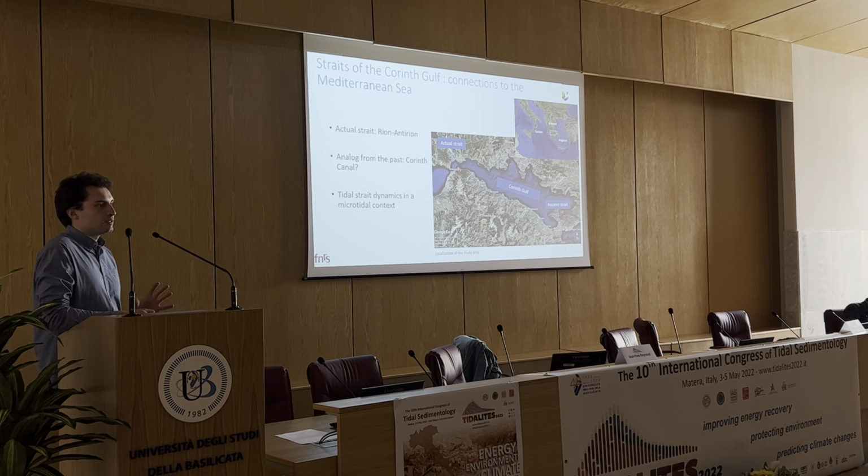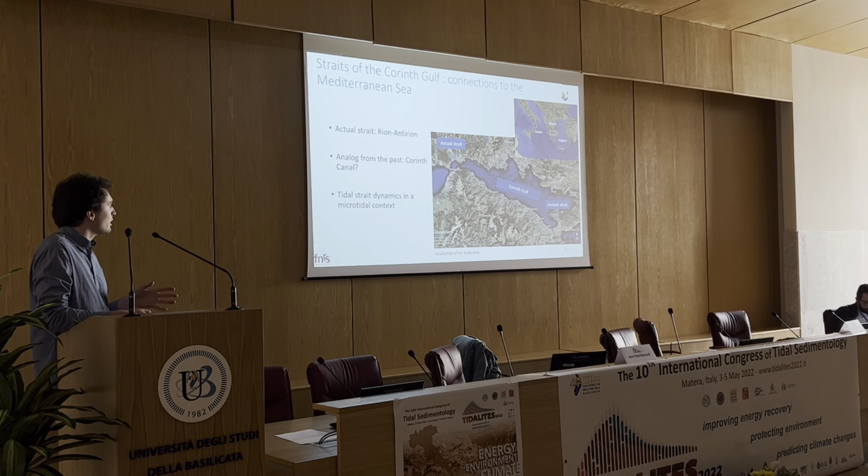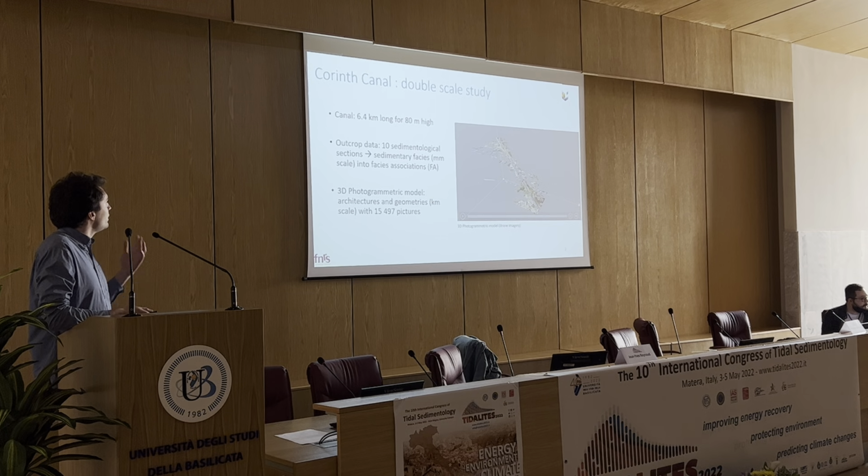And this is important because we can use it as an analog for past tidal straits. And in this particular context, it's more important because we are able to study tidal dynamics in the microtidal context of the Mediterranean Sea.